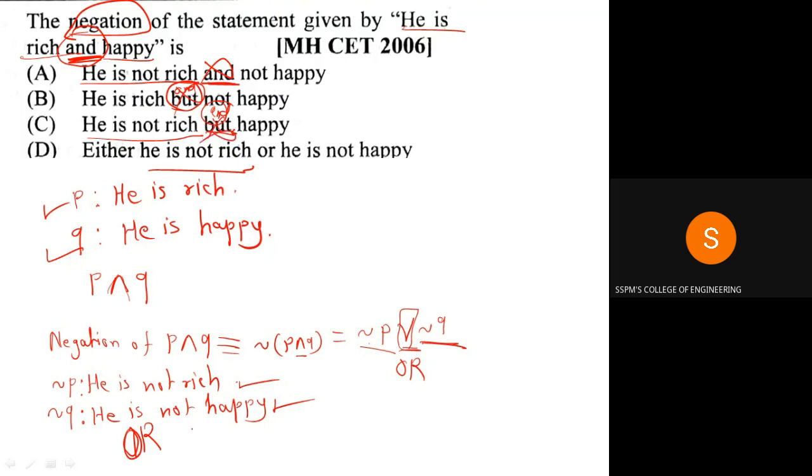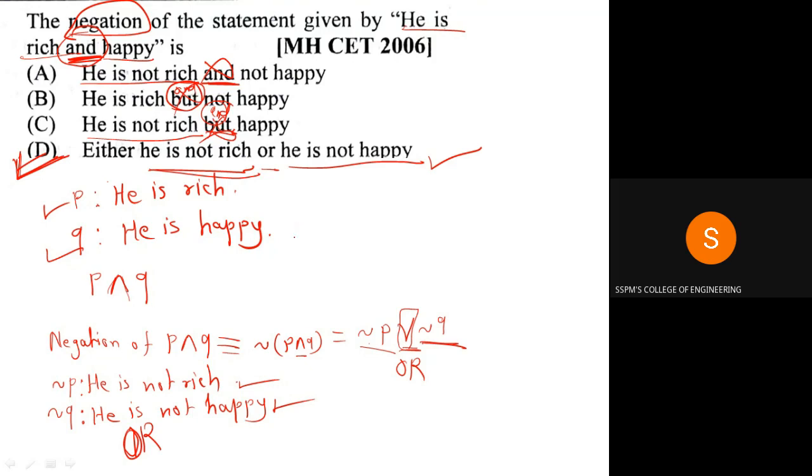The second statement is he is not happy. So what does this statement suggest? Either he is not rich or he is not happy. This is the correct option. So D is the correct option here. That is the way to find it.